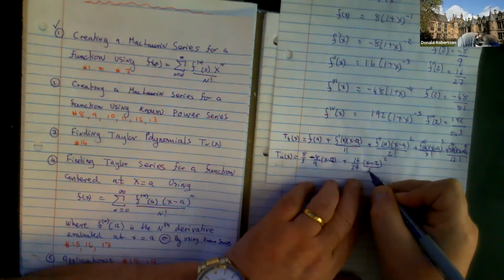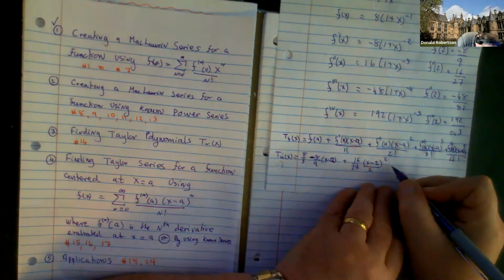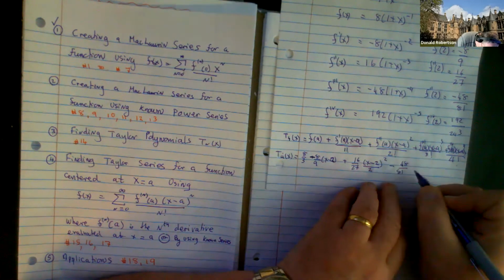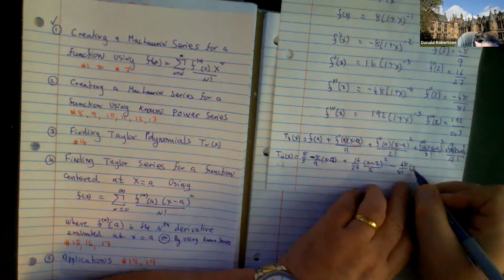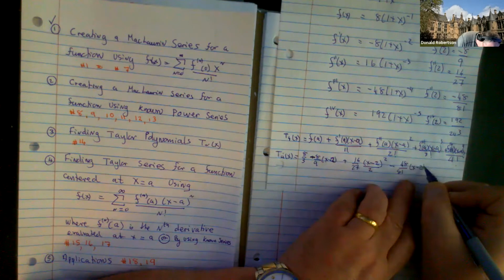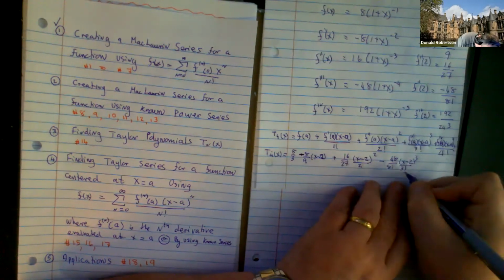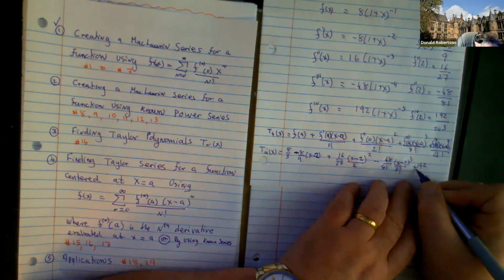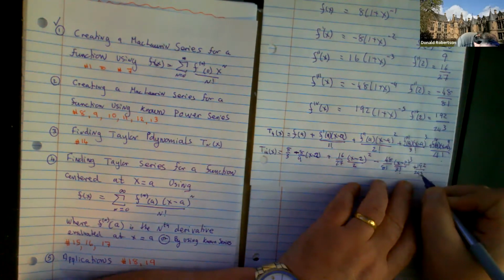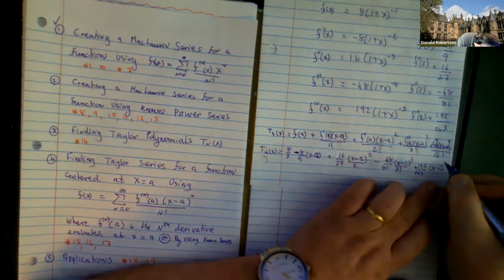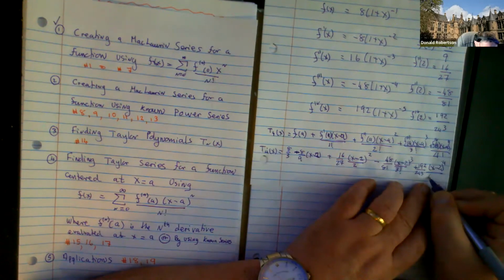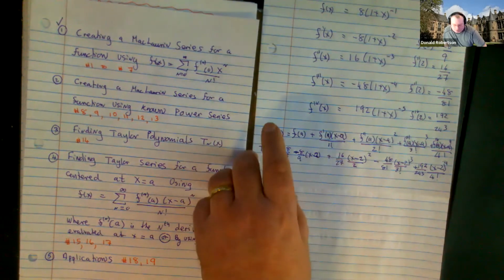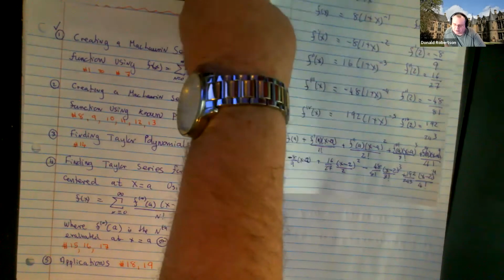Then it's going to be negative 48 over 81 times x minus 2 cubed over 3 factorial. And the last one is 192 over 243 times x minus 2 to the power of 4 all over 4 factorial. That is Taylor 4. That's what Taylor 4 looks like, centered at 2.